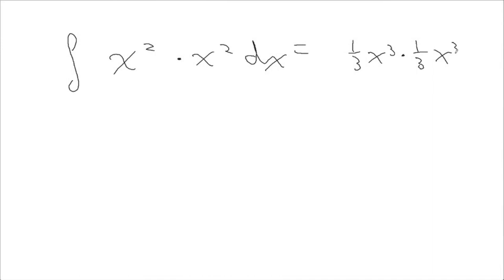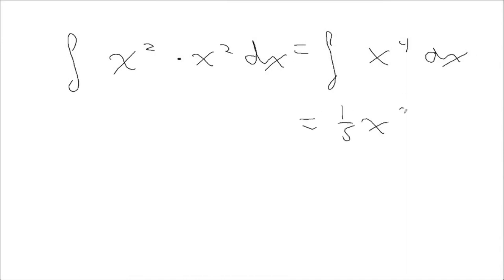So can we just do this? No. Can we just take these two antiderivatives and multiply them? No, that would be the mistake. You can't take the antiderivatives separately. So what should you do instead? We should combine the terms, the x to the fourth, dx, and then take the antiderivative of x to the fourth. Now it's 1/5 x to the fifth plus c.